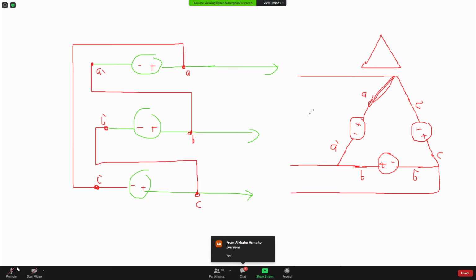Yes. Okay. So now we want to take delta and see what is the relationship between voltages and currents. Line voltage, phase voltage, line current, phase current for delta. So what I'm going to do, I'm going to just put delta here.